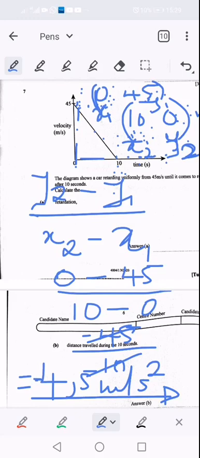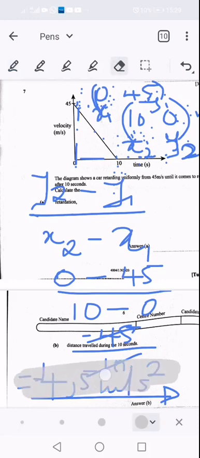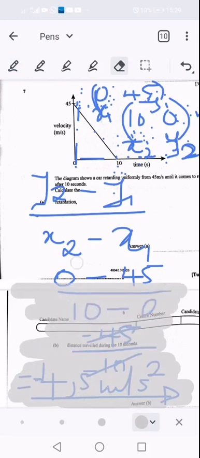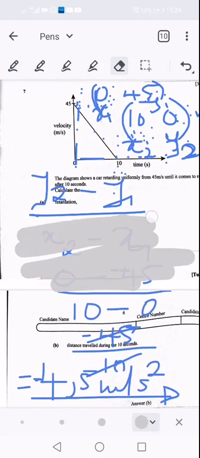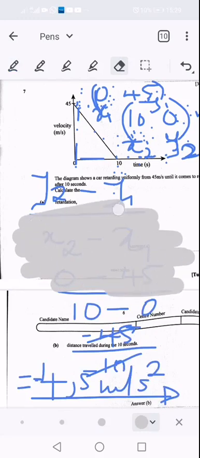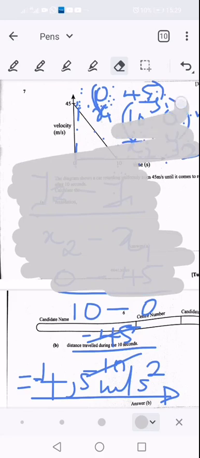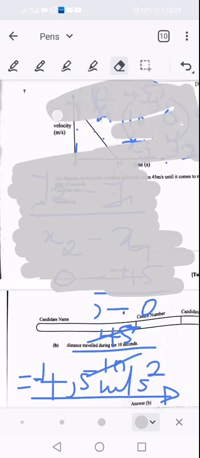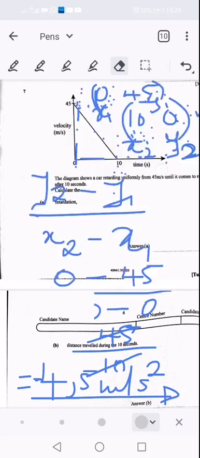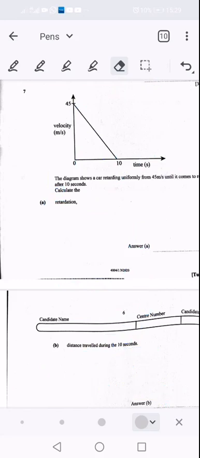But in this case you can also get it using another method, which is not this one. I just want to give you another method that can help you get the value of the retardation of this diagram.